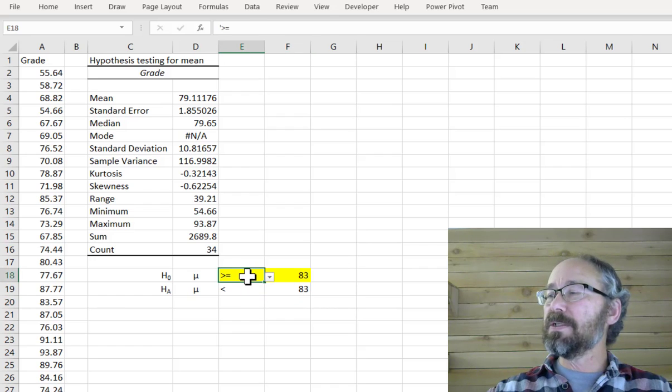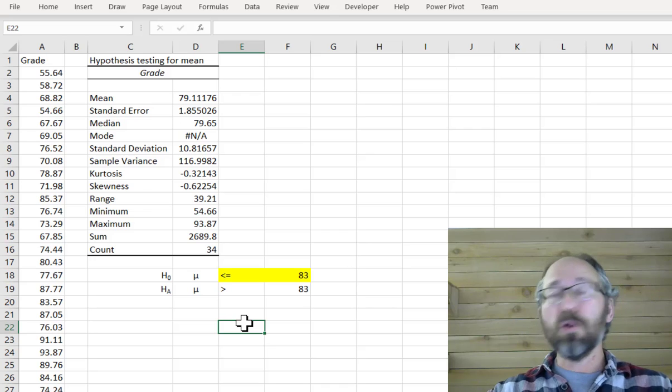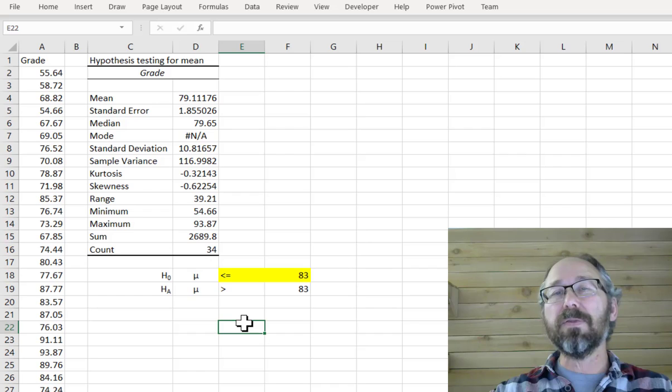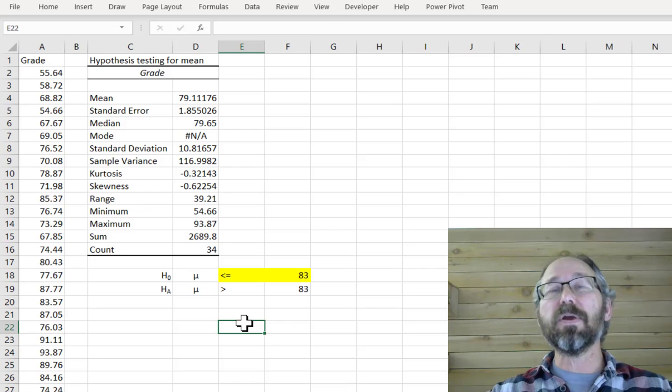And if we change this to less than or equal to, then our null hypothesis states that the population mean will be less than or equal to 83. And our alternative hypothesis states that the population mean will be greater than 83. Notice how these hypotheses are exclusive. They're competing theories about the population mean.